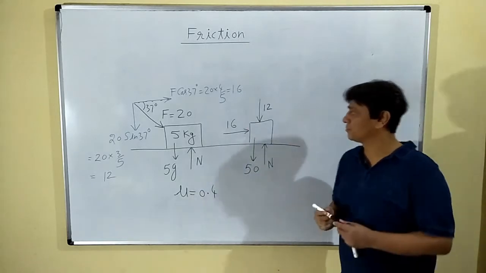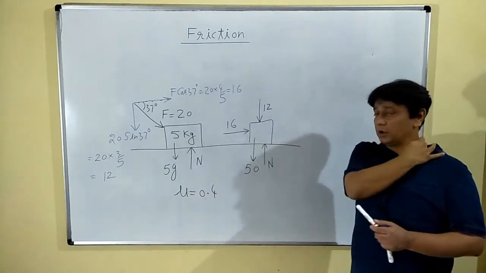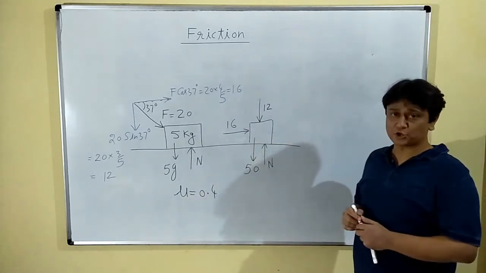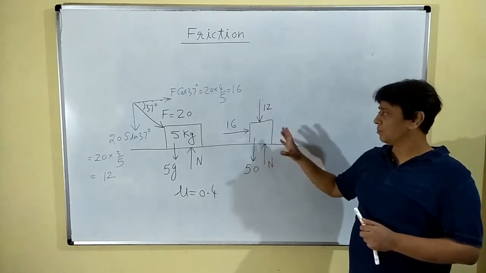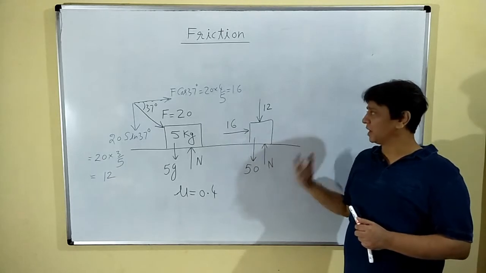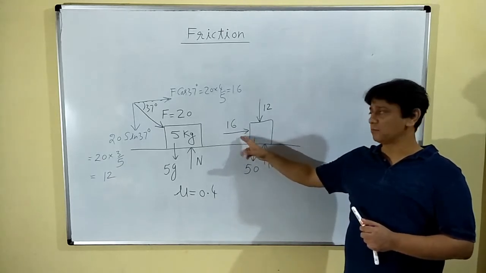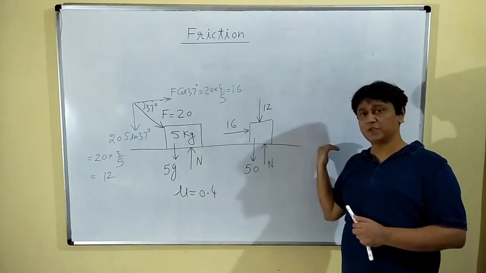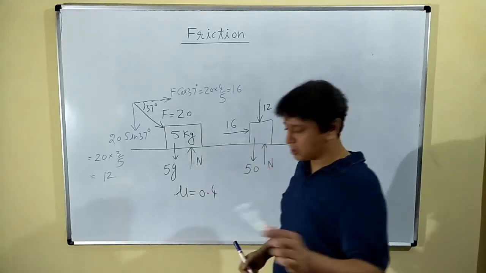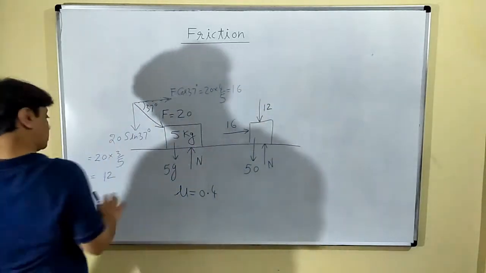That's what is happening. First of all, we'll decide direction of friction. These are vertical forces. Body can move only horizontally, and because of this 16, body can move in this direction. It has a tendency to move in this direction. It's moving or not, we have no idea as of now.